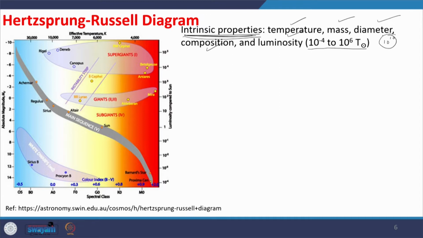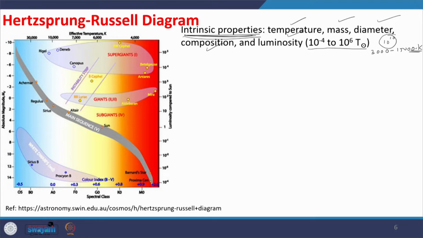So much difference, whereas the temperature is 3000 to 15,000 Kelvin, and the mass range has also been given in one of the earlier slides. So, the luminosity range is quite wide. It has a huge range regarding luminosity.